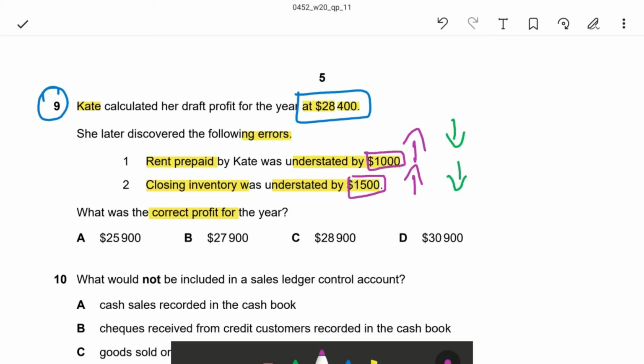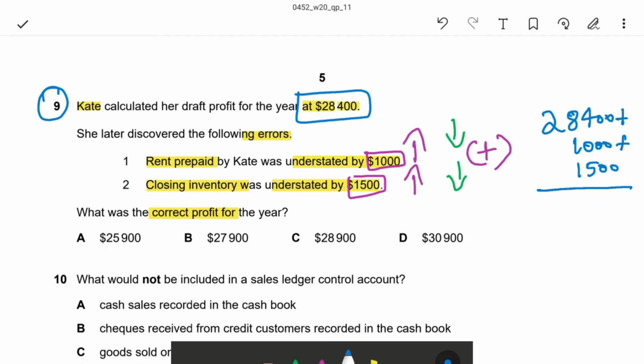So when correcting the profit, both understated amounts should be added to the profit with errors. So it's 28,400 plus 1,000 plus 1,500. The total is 30,900.